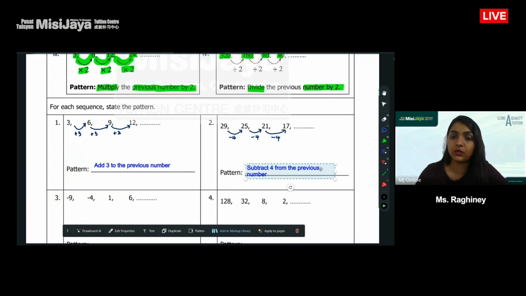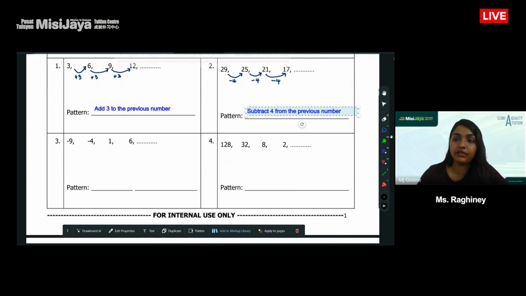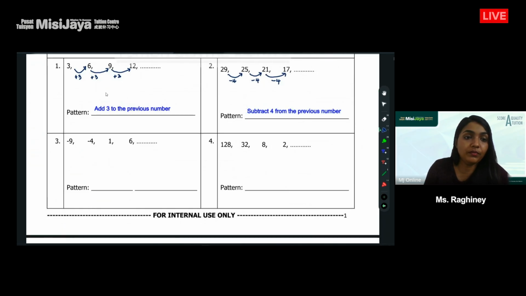Okay, how about number 3? Take a look at number 3 and also number 4. What's happening over here? How did -9 become -4? This is add 5, and add 5, and add 5.